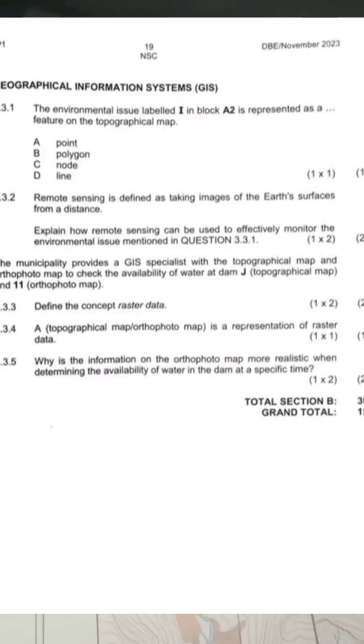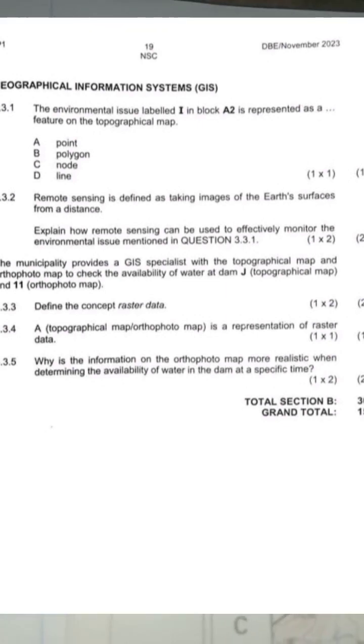3.3.2 says remote sensing is defined as taking images of the Earth's surface from a distance. Okay, yeah, that's the definition of remote sensing. What else? Explain how remote sensing can be used to effectively monitor the environmental issue mentioned in question 3.3.1. So the environmental issue, of course, is the soil erosion.